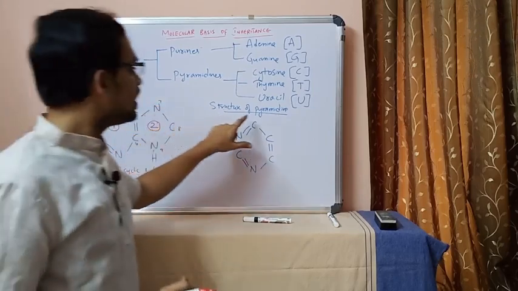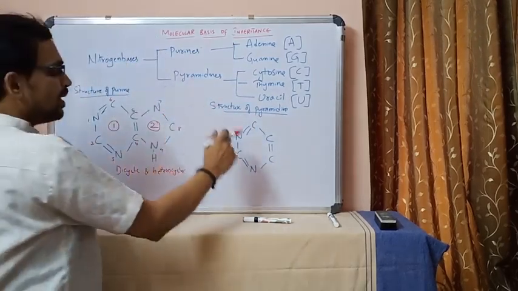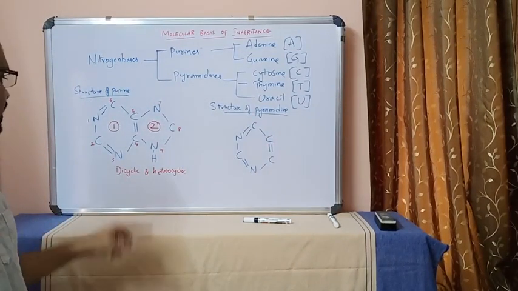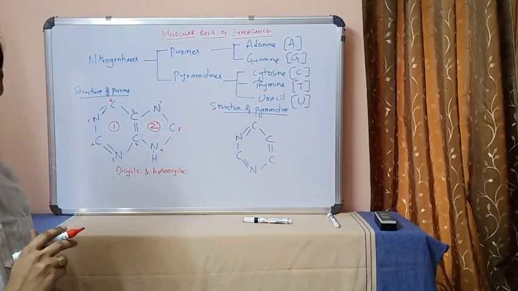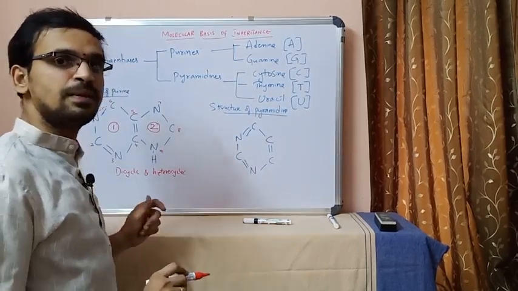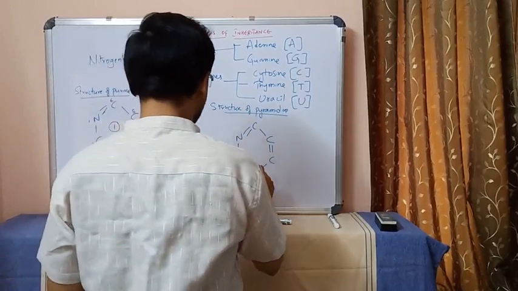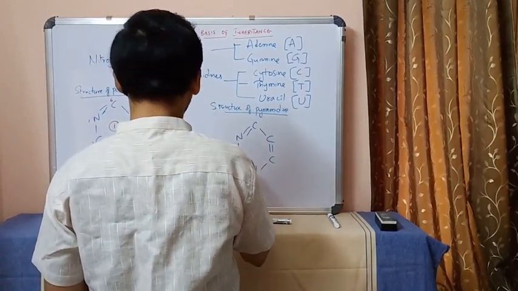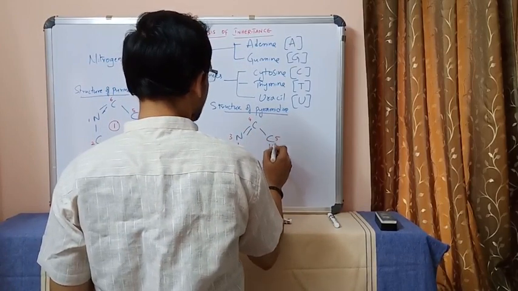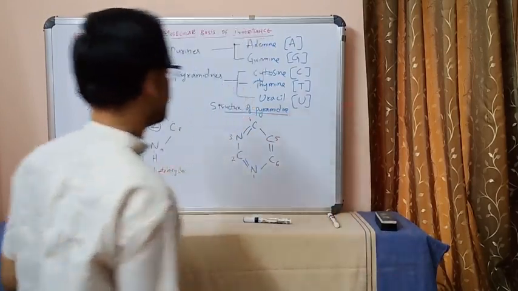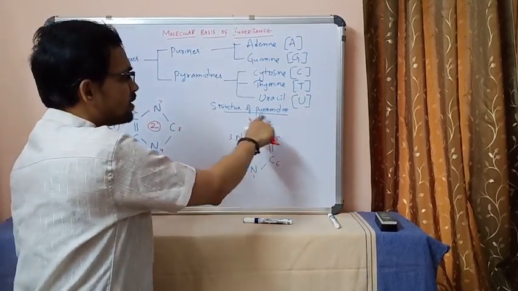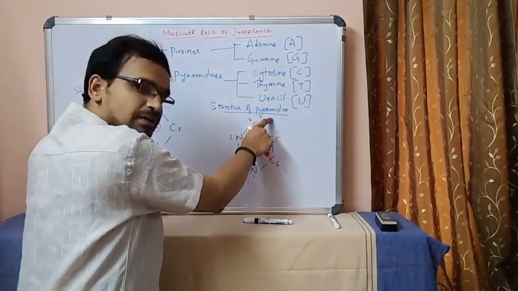Coming to the pyrimidine. Pyrimidine is monocyclic and heterocyclic, unlike purines. The numbering should be clockwise: 1, 2, 3, 4, 5, 6. So the numbering is always in the clockwise manner for the pyrimidines.